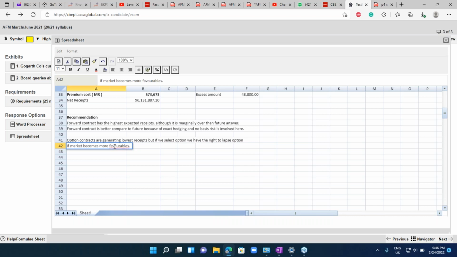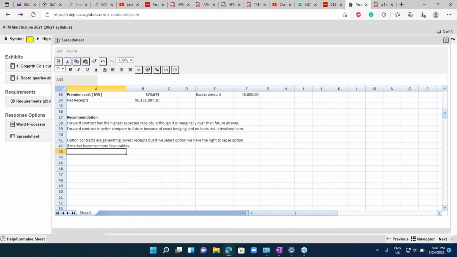And if the market becomes adverse, you will exercise the option. So although the option is not favorable here, you can write the one advantage of option: although it is not generating the highest answer, if we select the option, we have the right that if the market becomes favorable, we can lapse the option and enjoy the favorable rate of the market.